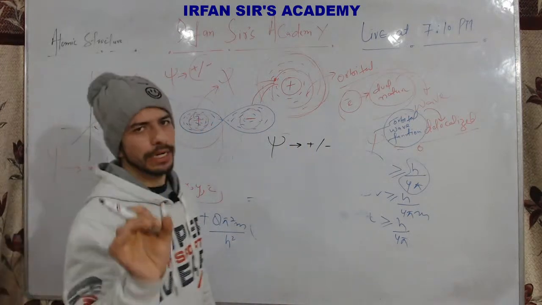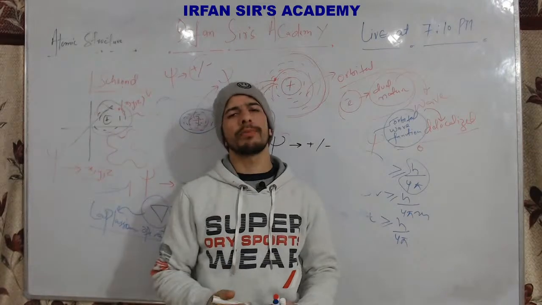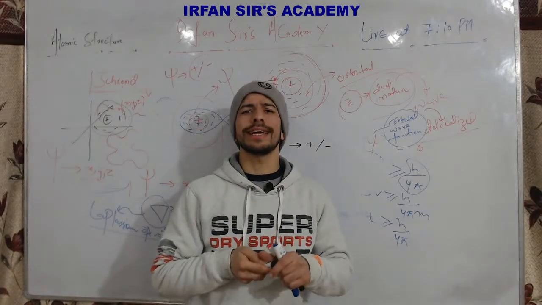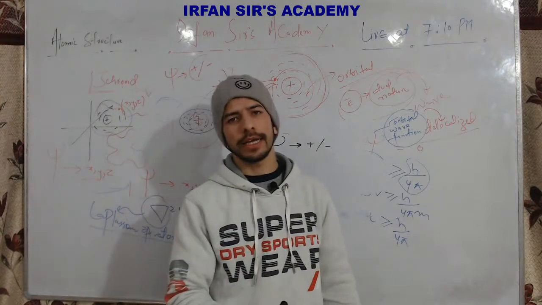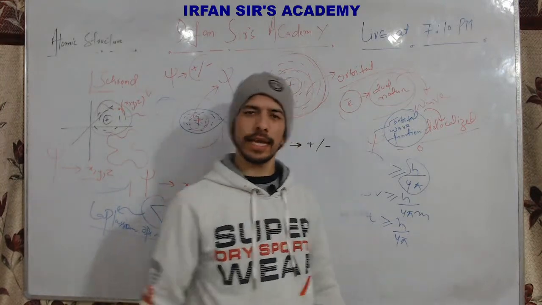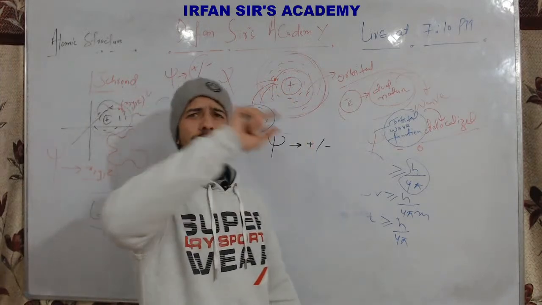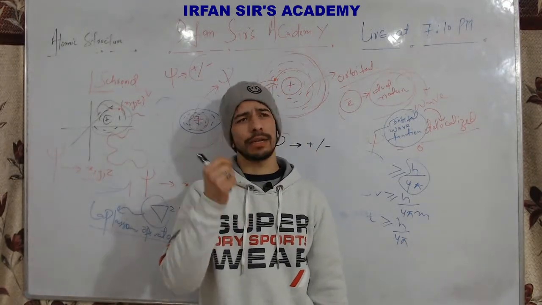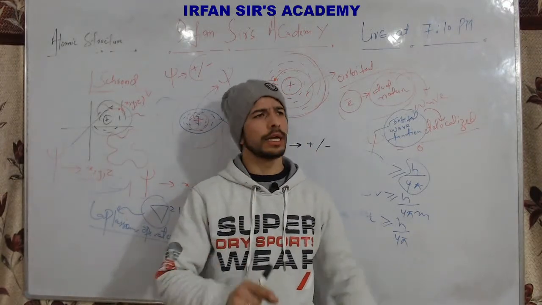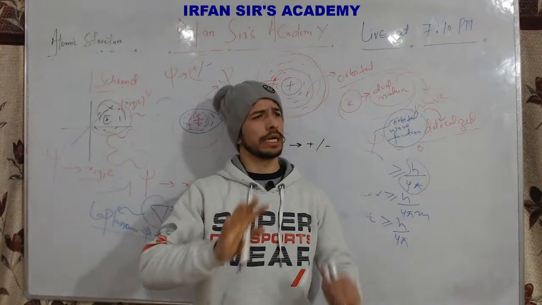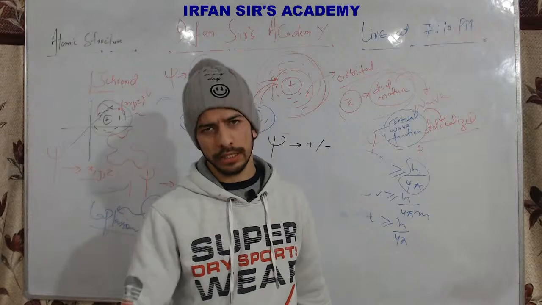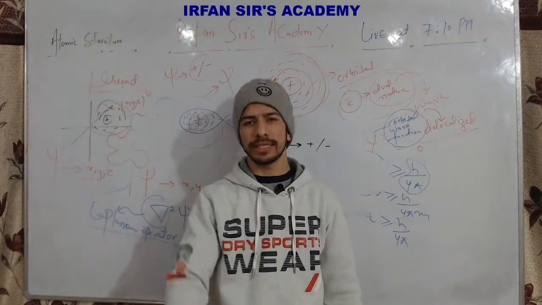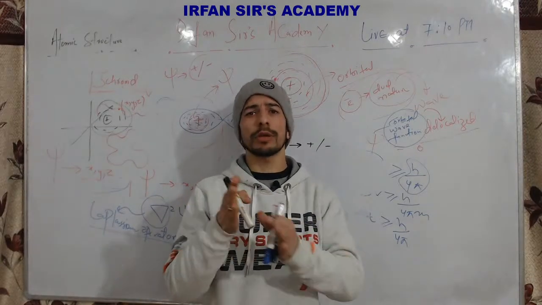You know, probability is like tossing a coin: half probability that tail comes, half means 50% probability that head comes, 50% probability that tail comes. It means the electron is there or there. What is the probability? It can be 0.1, which means 10%, 90%, 30%, 99%. Let it be 100. There is no possibility of 100%, but let it be 100%. But these values are positive values.